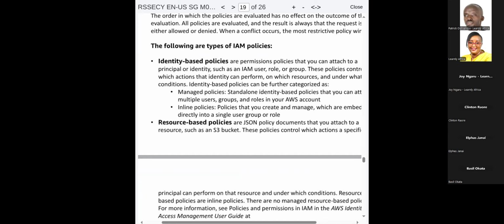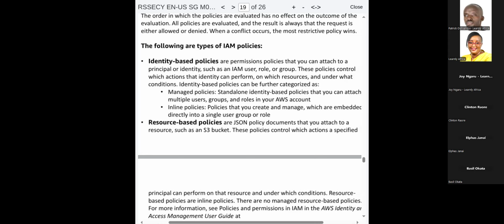They are managed policies, they stand alone, and they are reusable across multiple identities. These are permission policies that you can attach to a principal or an identity, such as a group, a role, or a user. The policies control which actions the identity can perform on which resources.